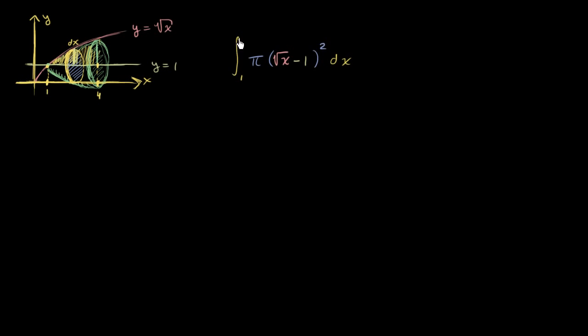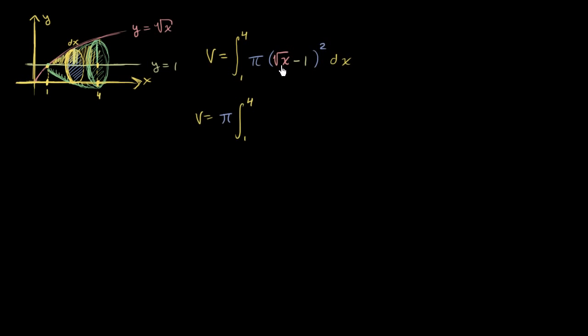So the interval is between 1 and 4. And so this is going to give us the volume of our solid of revolution. And so now we just have to evaluate this definite integral. So let's give a shot at it. So this is going to be equal to the integral from 1 to 4. And we can factor out, or we could put the pi outside the integral sign. And then we can expand this out.